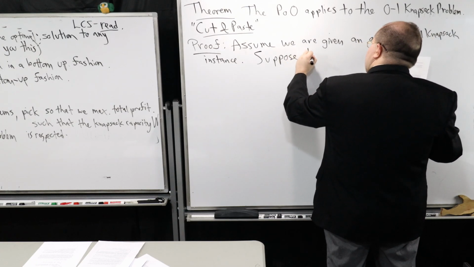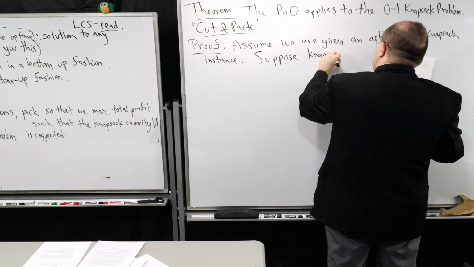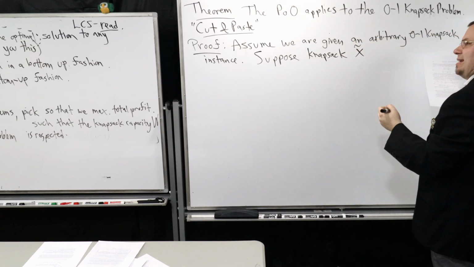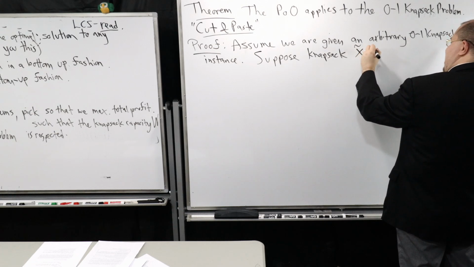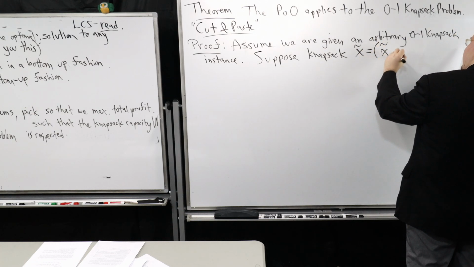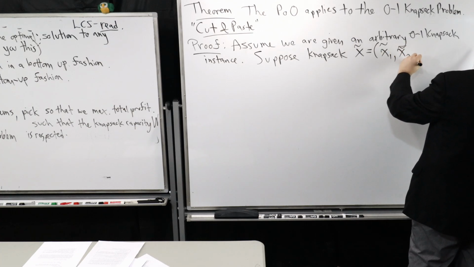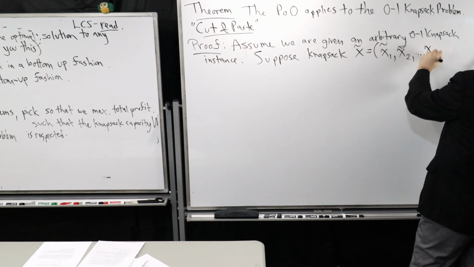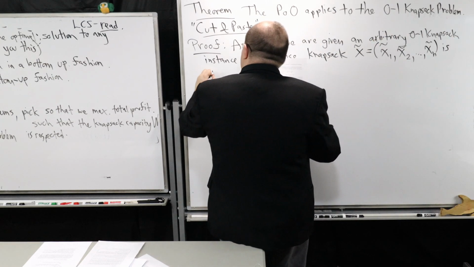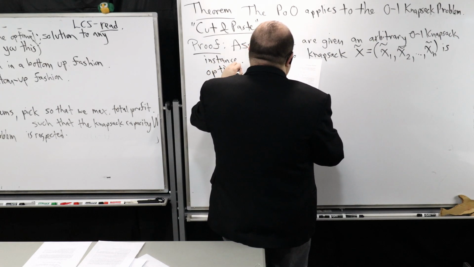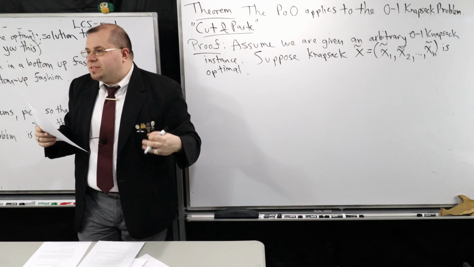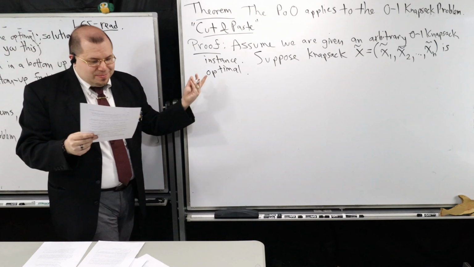Suppose the knapsack solution X, and I'm going to give it a tilde just to indicate that it's an optimal one, X1 tilde, X2 tilde, all the way up to Xn tilde, is optimal. So I'm going to suppose that this is indeed the case.